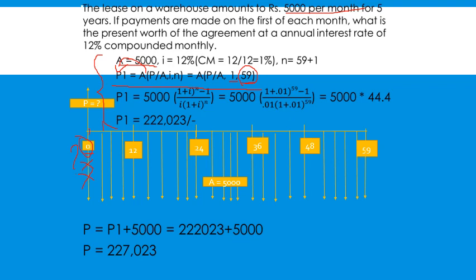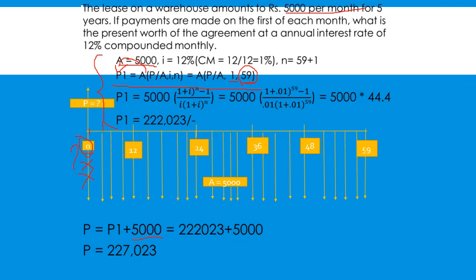Today I am depositing, today itself I am withdrawing. Can it earn anything? No. That's why any amount deposited on the 0th month or 0th year, that is today or now, will remain as it is, and hence that will remain as 5,000. That has to be added.